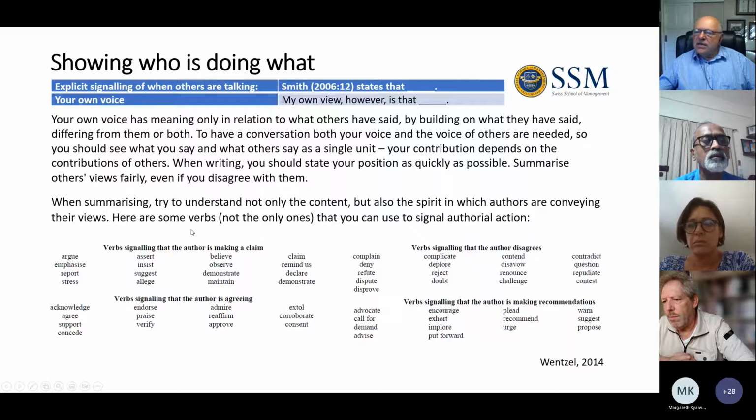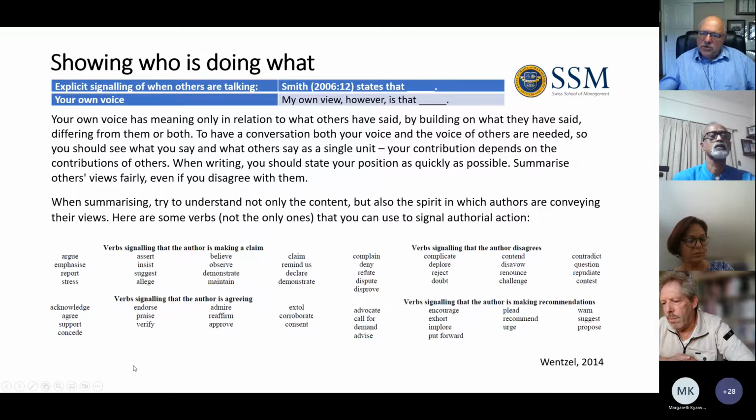And here are some of the types of words you can use to signal. For instance, verbs signaling that the author is making a claim: argue, emphasized, reported, stressed, asserted. These are the more formal words. Verbs signaling that the author is agreeing: endorsed, acknowledged, supported, conceded, and so forth.